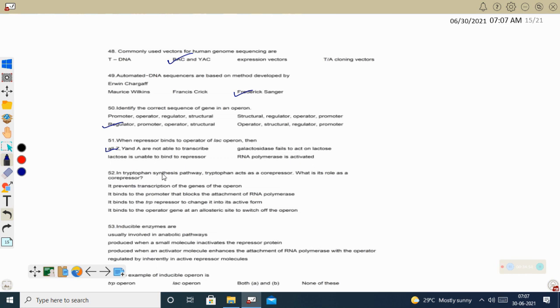It will always be going on. If it does not have to occur, then it has to be repressed. That is done with the help of tryptophan itself. When the regulator synthesizes the repressor in the form of aporepressor, as it is inactive, it will not be able to bind with the operator and block the reaction of synthesizing tryptophan.